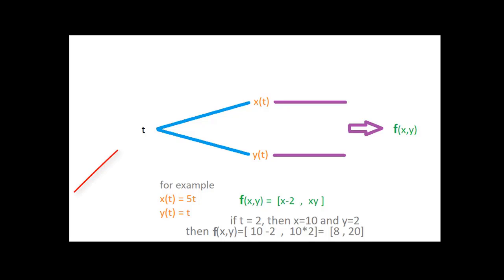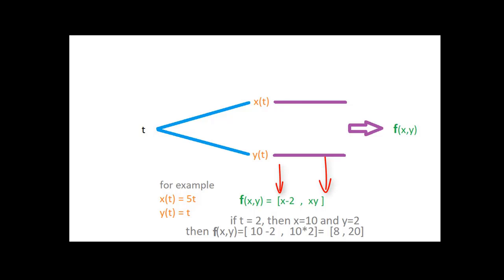So when t is equal to 2, we get values for this because of these definitions, because x and y are both functions of t, and then f depends on x and y in this way. We notice that f here is bold, meaning that we're getting as our output a vector.